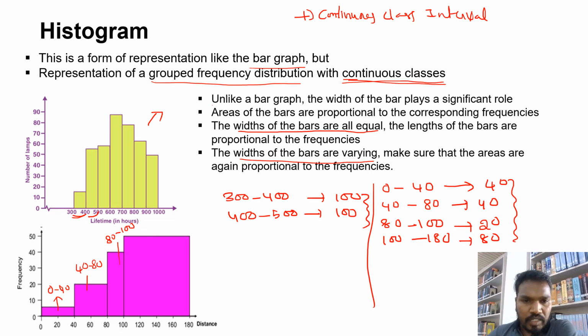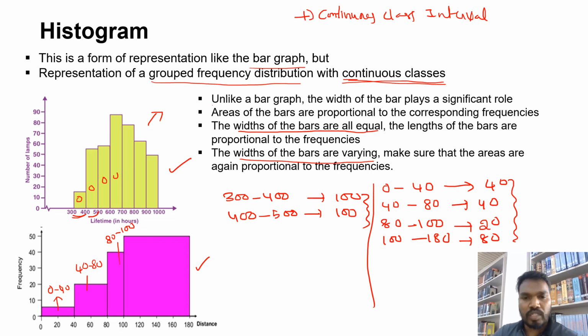Whether it is the first kind or the second kind of histogram, you should always make sure that the area of each rectangular bar is proportional to the frequency. That is the one thing we should keep in mind while drawing histograms. I'll make a session on that, taking different widths, how to draw, and how to check whether the histogram we have drawn is a correct representation of the given data or not.